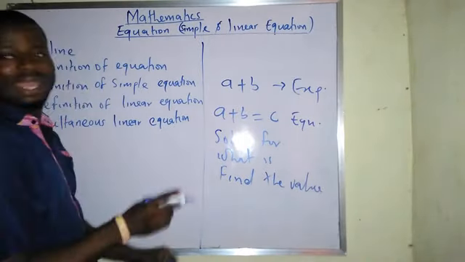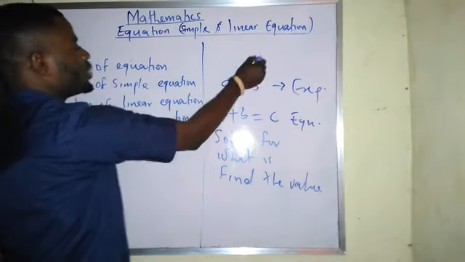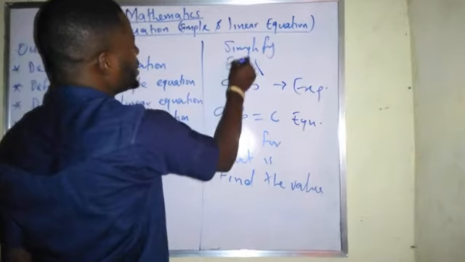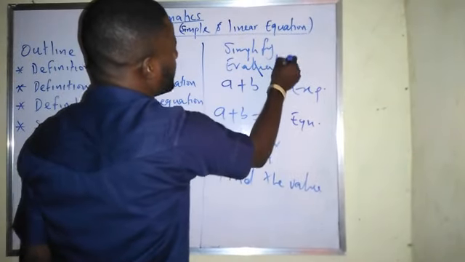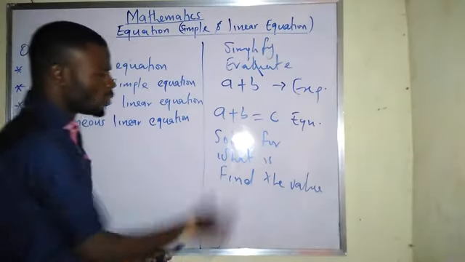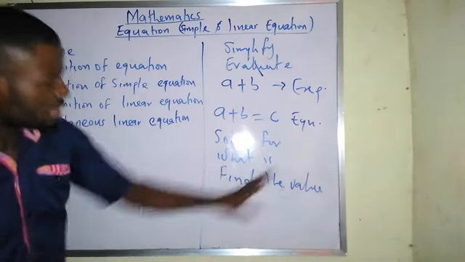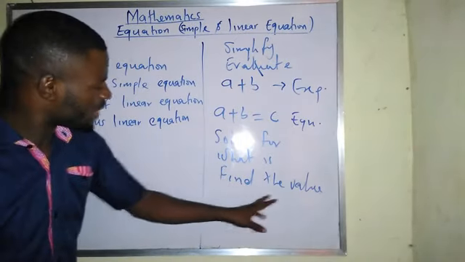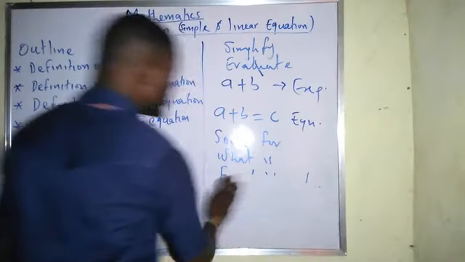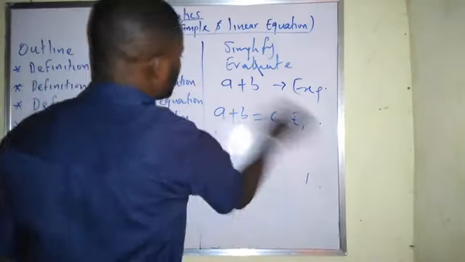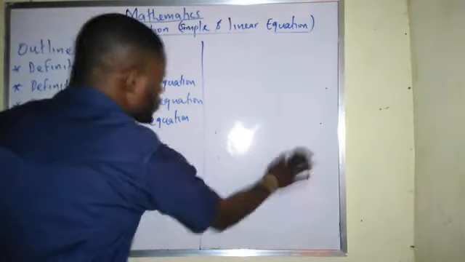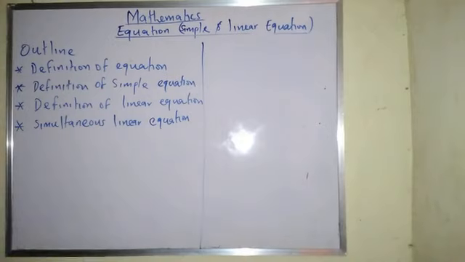But if it is expression, you'll be looking at the words simplify, evaluate, enumerate, and so on and so forth. These are the common words. It means when you are asked to find the value of, or solve for, you are looking for something. Something is lost, which you are to look for. Don't forget, that is very, very important. I think that's what I can give you on equation.